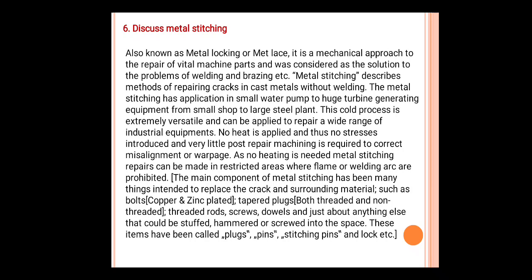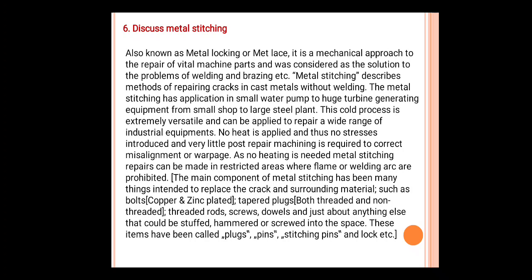The main components of metal stitching have been many things intended to replace the crack and surrounding material, such as bolts, which are made from copper or zinc plated, tapered plugs, screws, thread, rods, dowels, and just about anything else that could be stuffed, hammered, or screwed into the space.